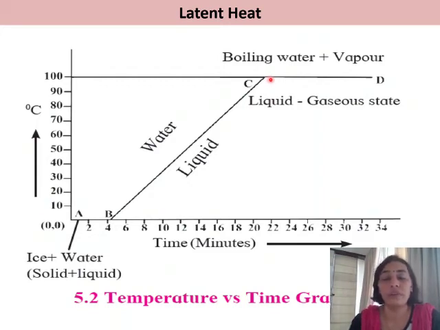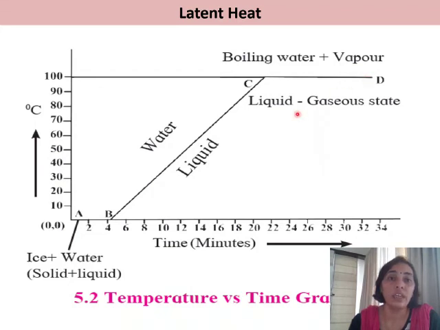That is the constant temperature at which a liquid is getting converted into gaseous state is called as boiling point of liquid. But here also we are constantly supplying heat. So where is the heat going? Again, the heat is going to be utilized to weaken the bonds that are present in the liquid so as to convert it into the gaseous state.